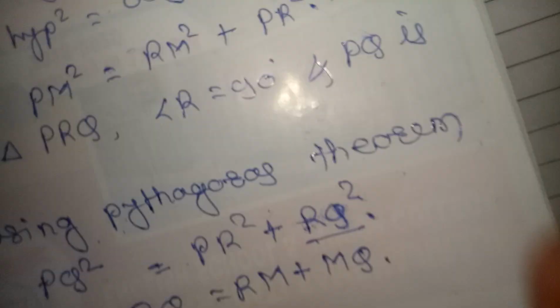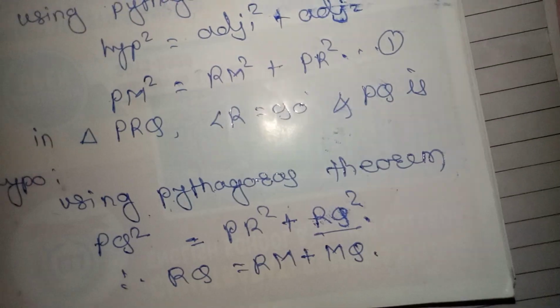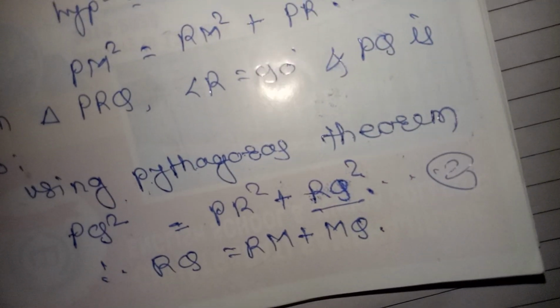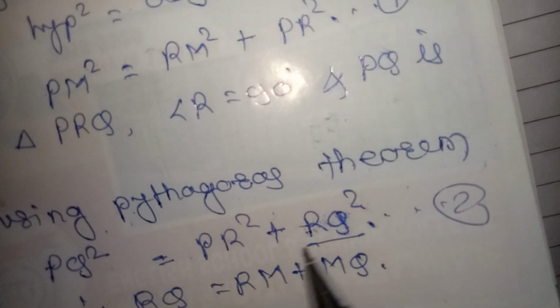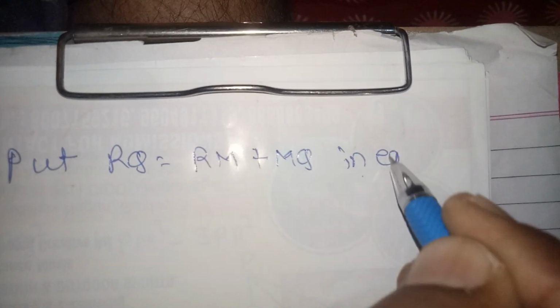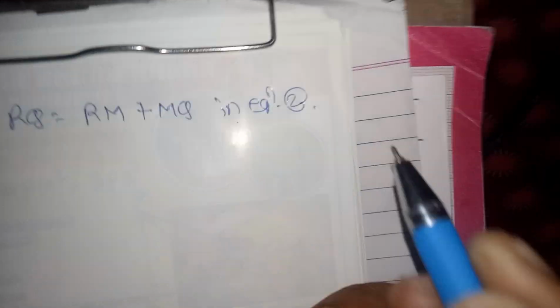This is equation second. We can put the RQ value in equation second. So we have to put RQ is equal to RM plus MQ in equation second.